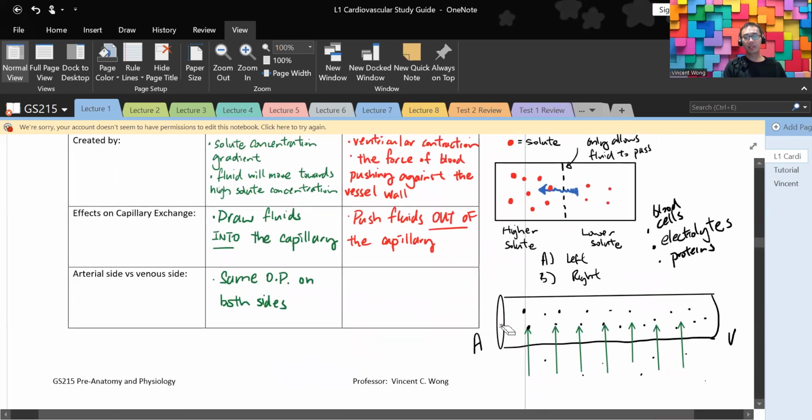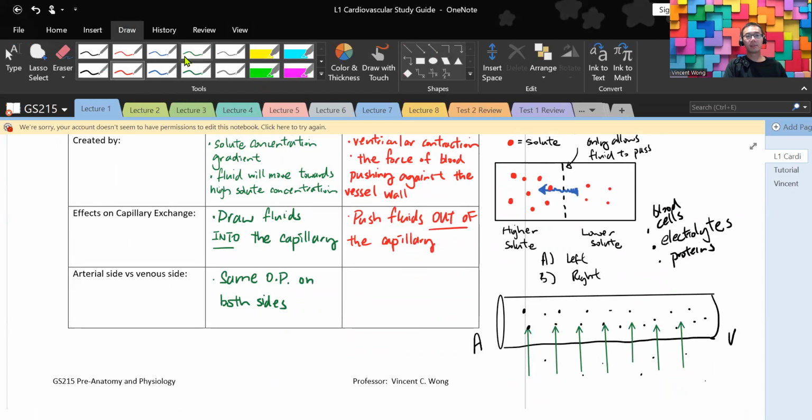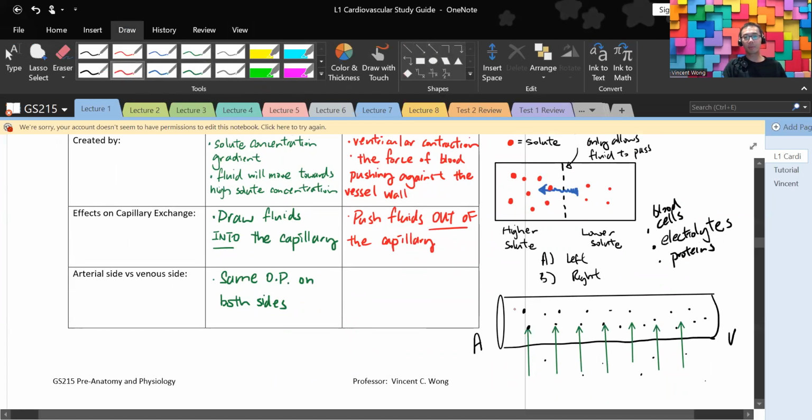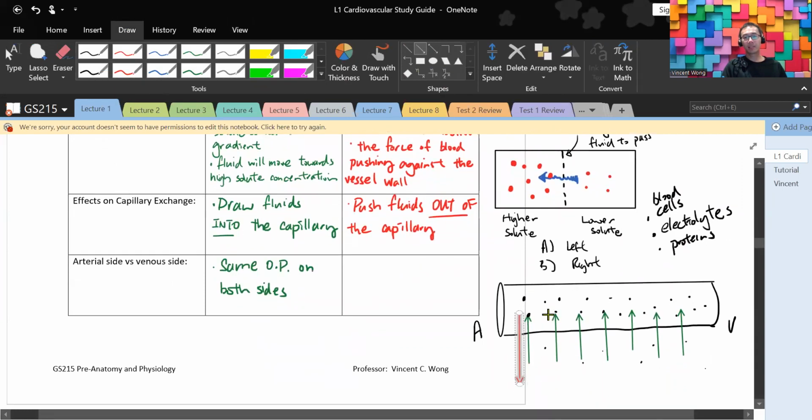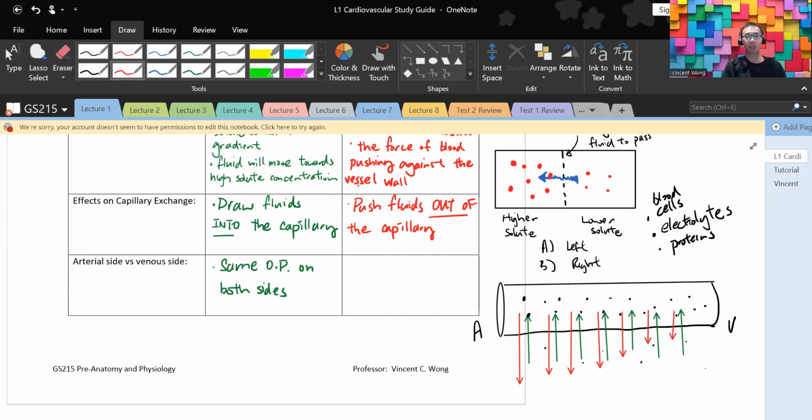The arterial side is closer to the heart, therefore it's going to have higher blood pressure, so it's going to be pushing quite hard. But as you move further and further away from the heart, the blood pressure will drop, and so it will be pushing with less force.